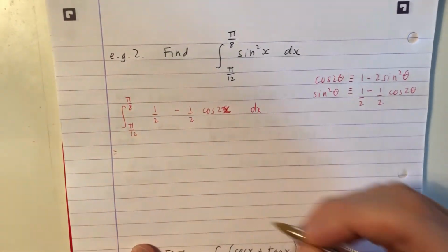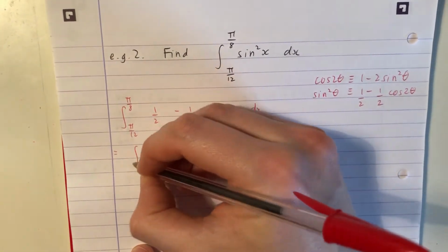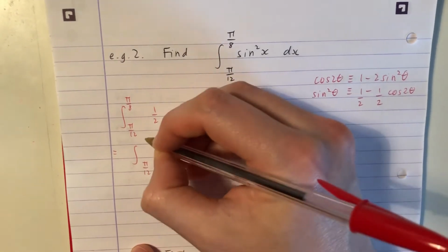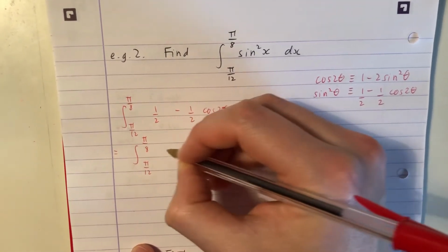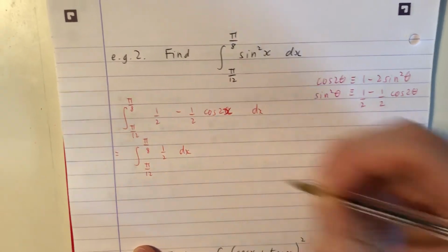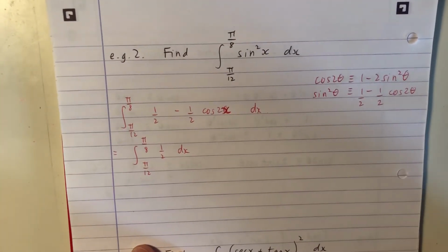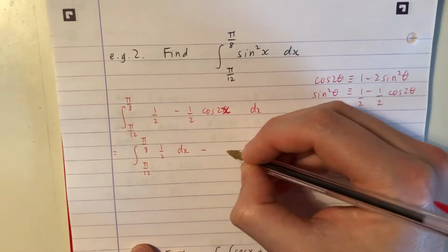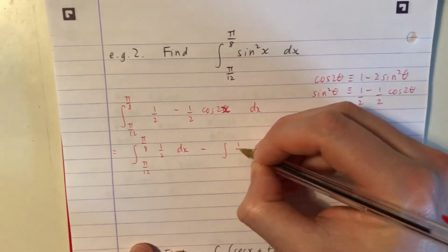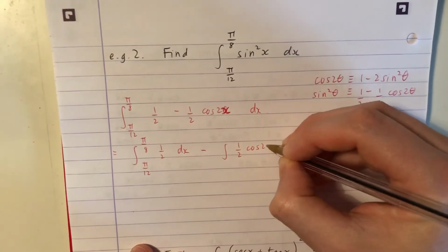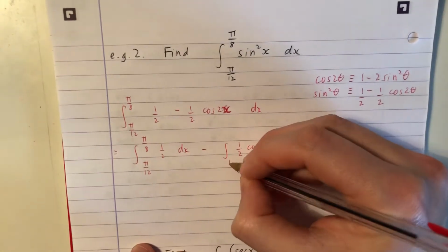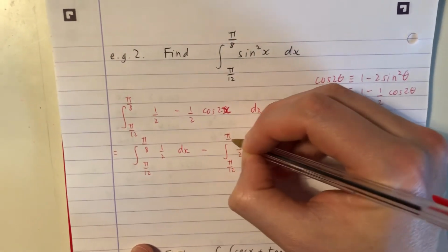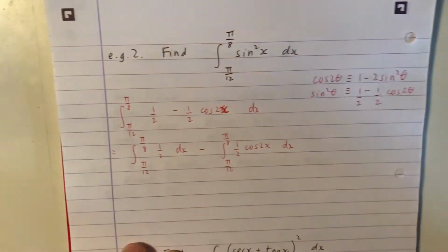This is equal to the integral from pi by 12 to pi by 8 of a half with respect to x, subtract the integral of a half cos 2x between pi by 12 and pi by 8 with respect to x.